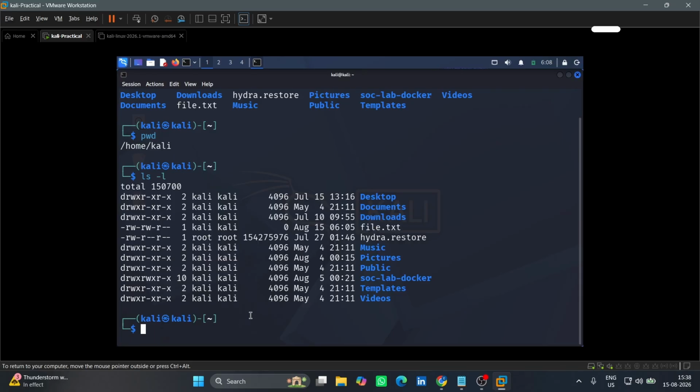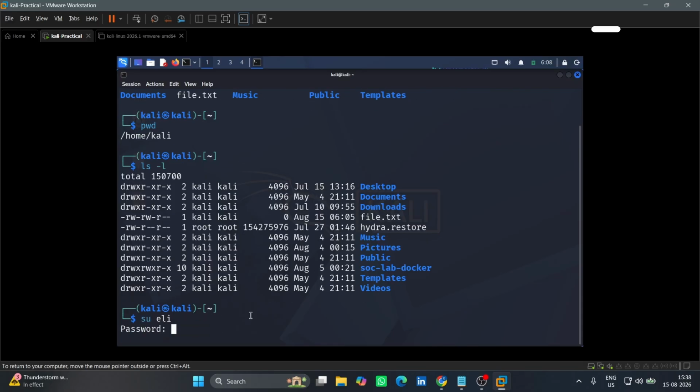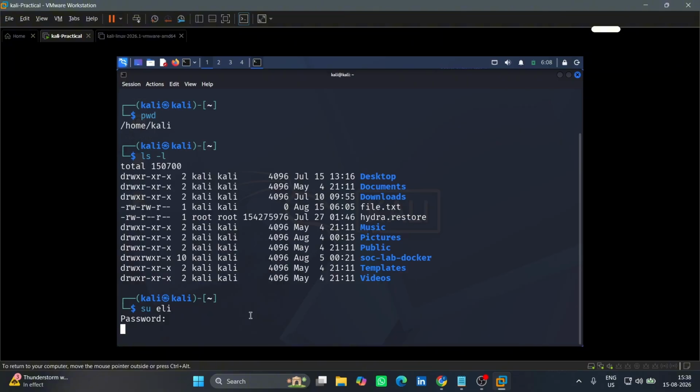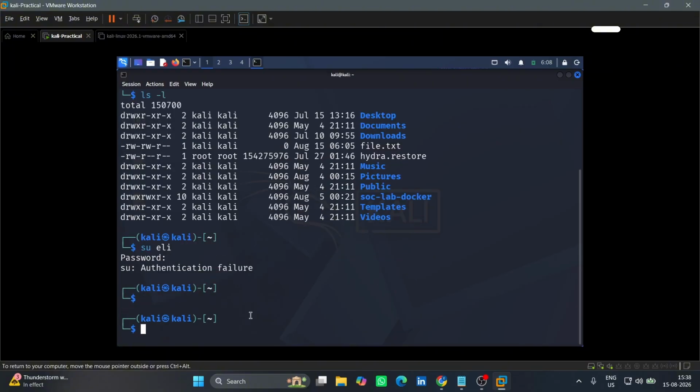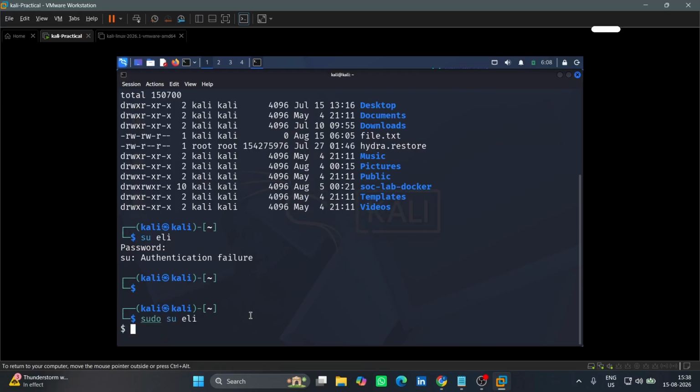If I try, so how can I try? Switch user, assume the user Ali. Oh, sorry, I haven't entered the password. By the way, I can use sudo su Ali. Right now, I am the particular user Ali, right?